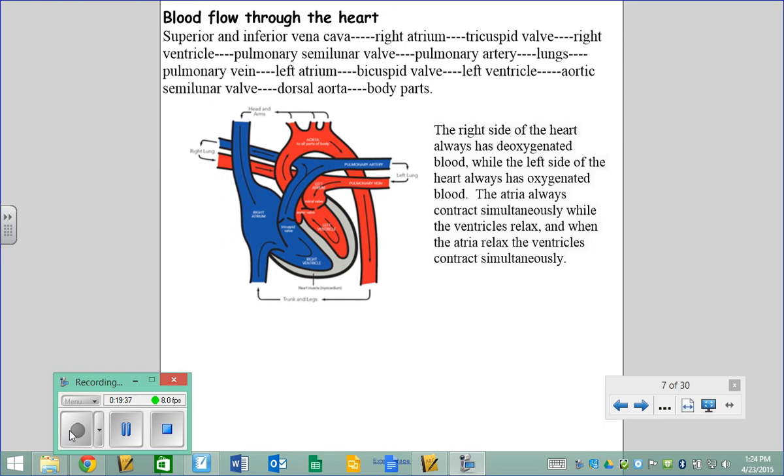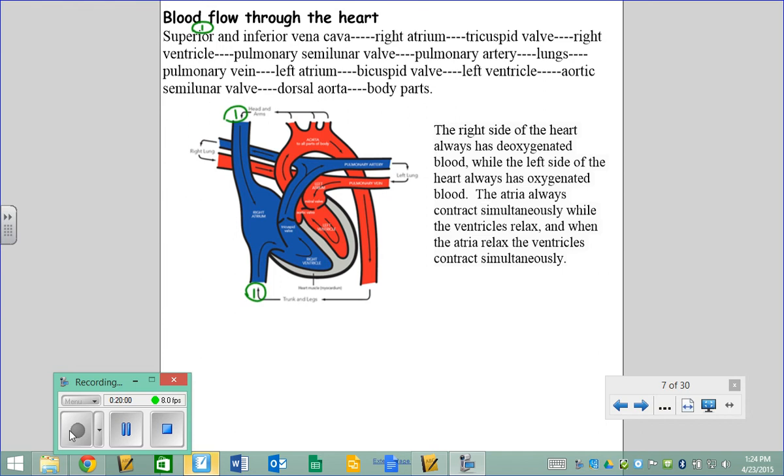As we talk about blood flow through the heart, the place where I usually start is the vena cava, because that is how blood gets back into your heart. So the vena cava is here and here. Those are the 2 pieces of the vena cava.